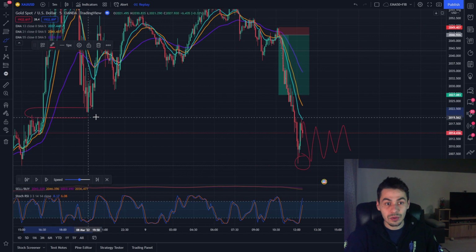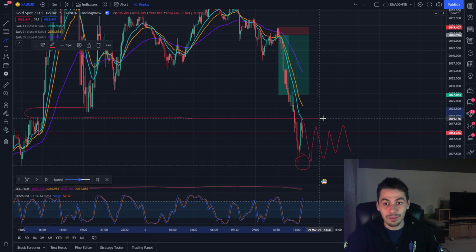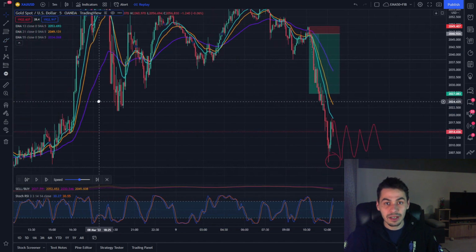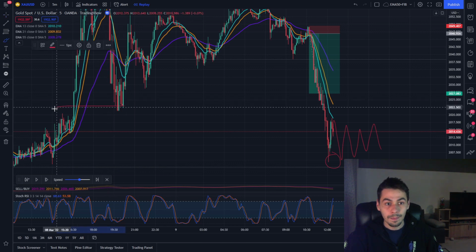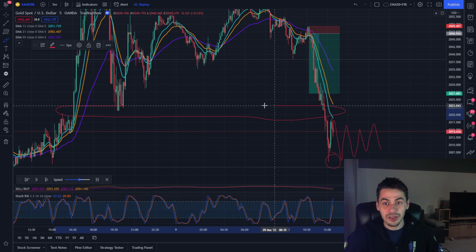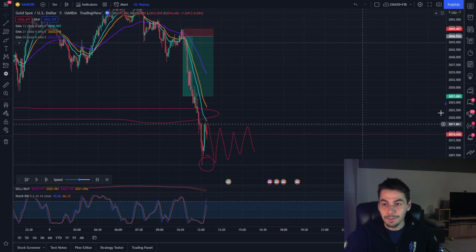So again, guys, you have to implement every bit of price action that you know. So we have this area right here that serves as a potential liquidity and demand zone, correct? So we will keep an eye on it.